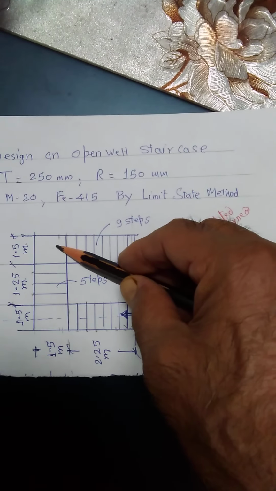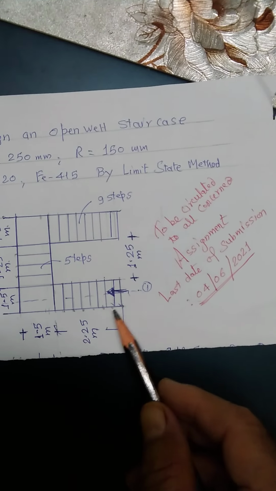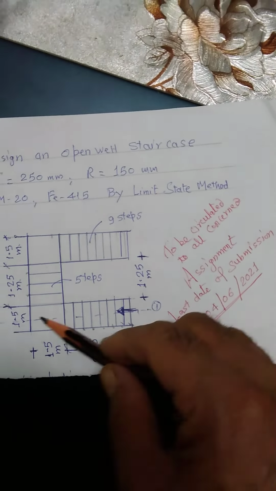This length is more as compared to this: this is 4.25 and this is 3.75. So we always have to consider the longer span for assuming the depth, and we start by assuming the depth for this longer span of 4.25 and then calculate the other parameters.